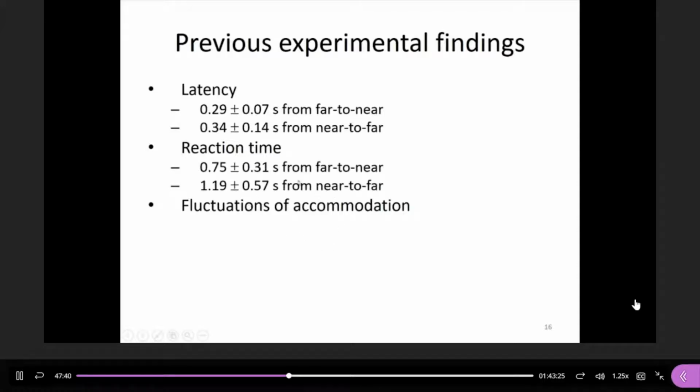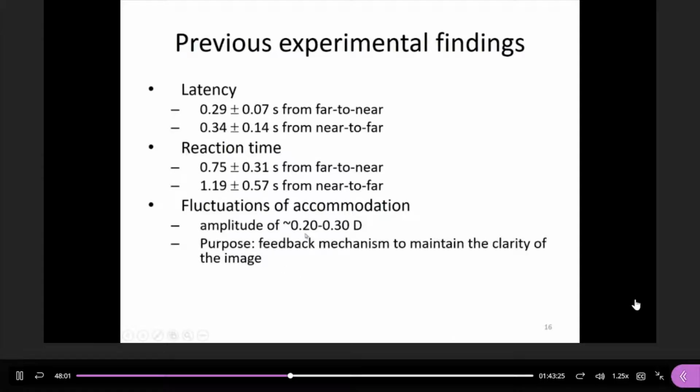For the reaction time, the trend is similar: distant to near takes a shorter time. That means the eye is capable of accommodating very quickly. The relaxation of accommodation, from near to distance, takes a longer time. Fluctuation is about 0.2 to 0.3 diopters, and this serves as a feedback system in order to maintain the good quality of the retinal image.